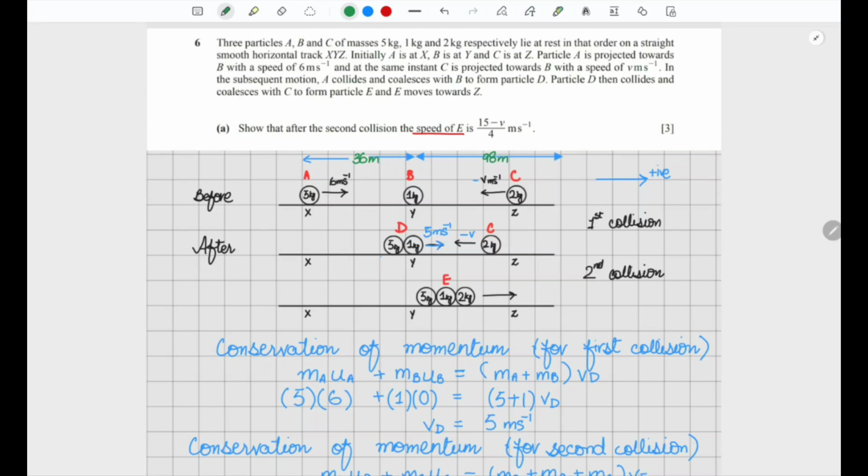This is the distance between x to y and y to z. Now what are they asking? The time between the two collisions, means between the first and second collision, what is the time.